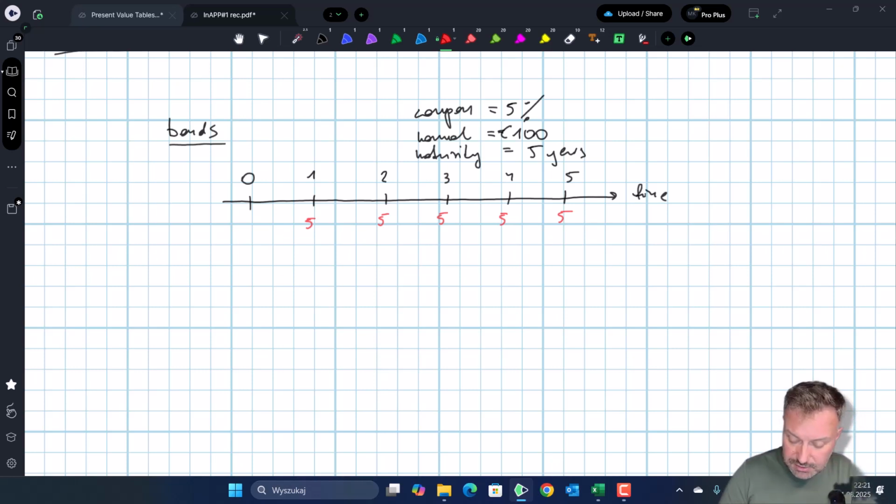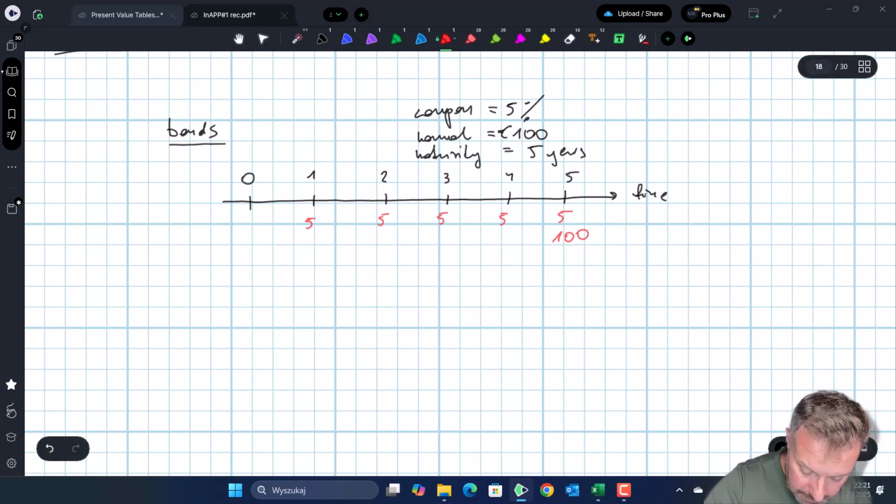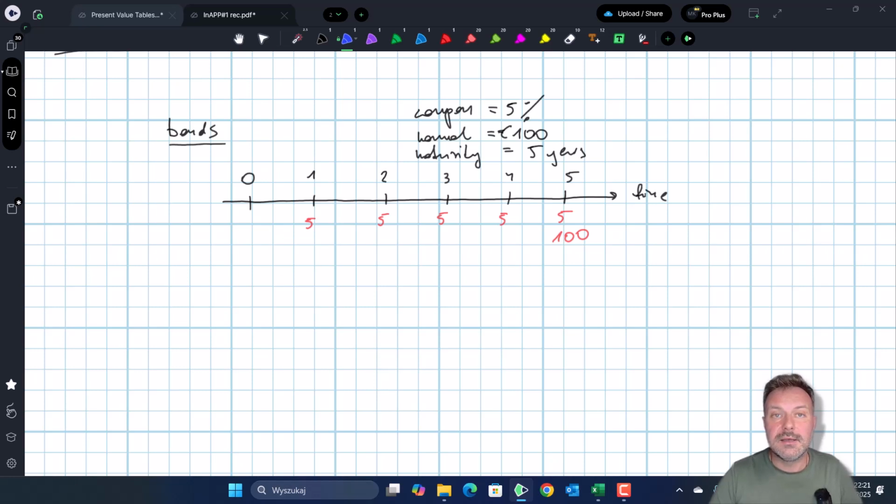And in addition to that, after year 5, the bond is going to be redeemed at its par value or nominal value equal to 100.